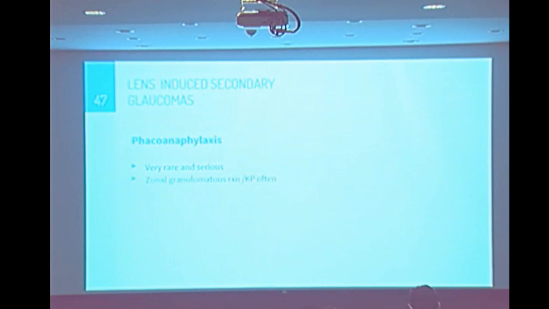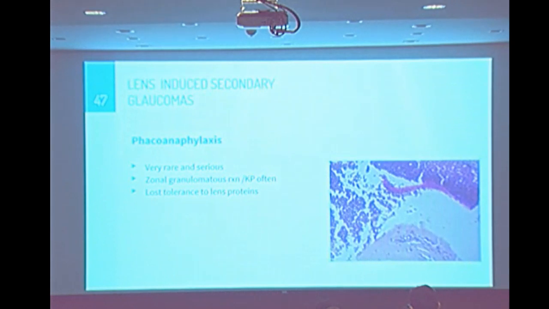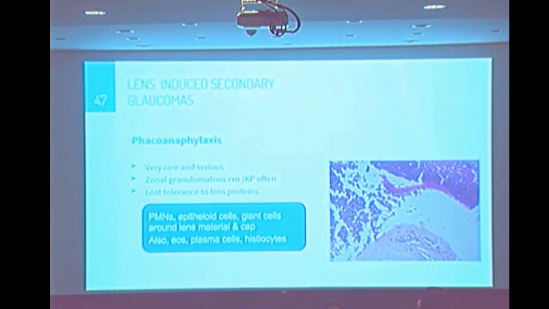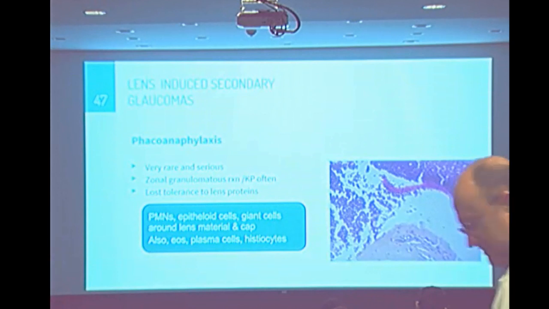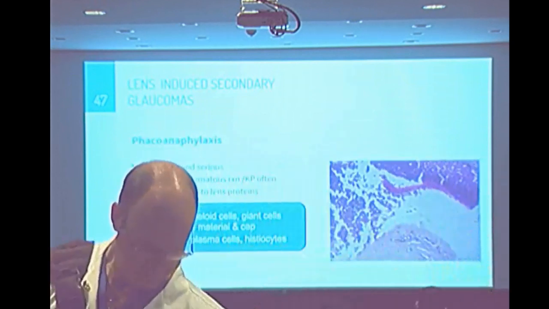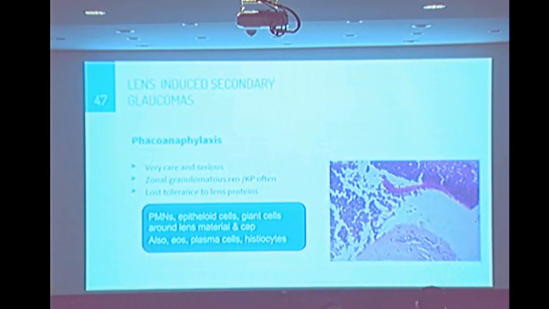There is a zonal granulomatous reaction due to loss of tolerance of the immune system to lens protein, and usually you find typical granulomatous inflammation. But honestly, I tried to find it, and it hasn't been discovered in a living human eye, as far as I know. It is difficult to prove.